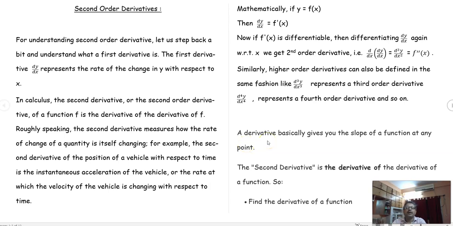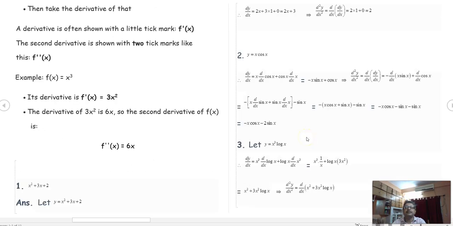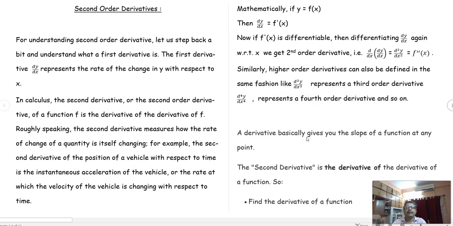Now, when we calculate the second order derivative of a function, what steps are we going to follow? These two steps are very simple. Just find the derivative the first time.